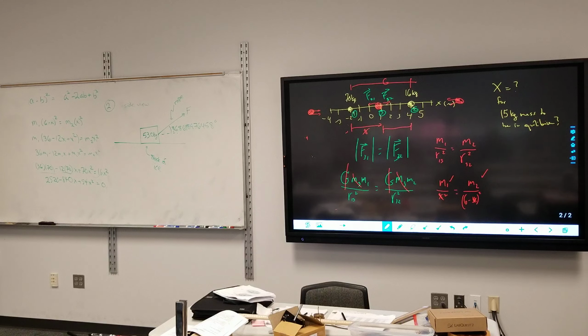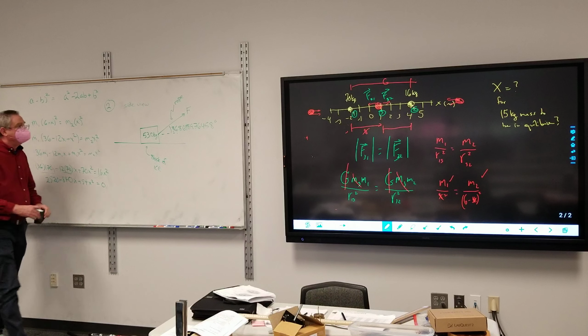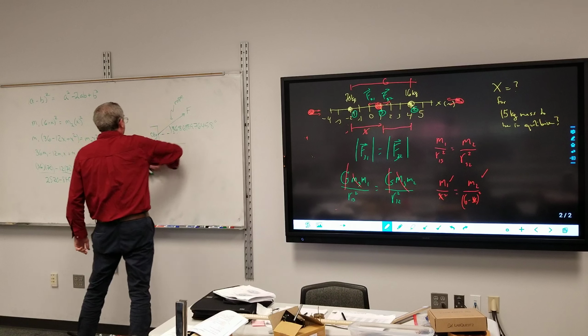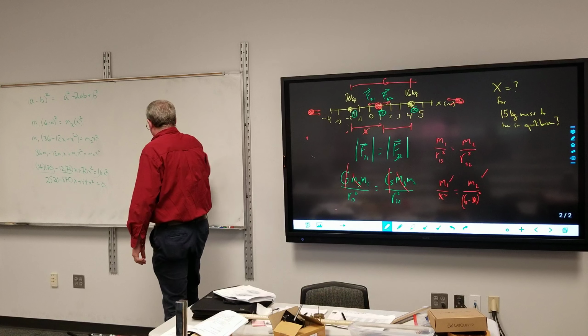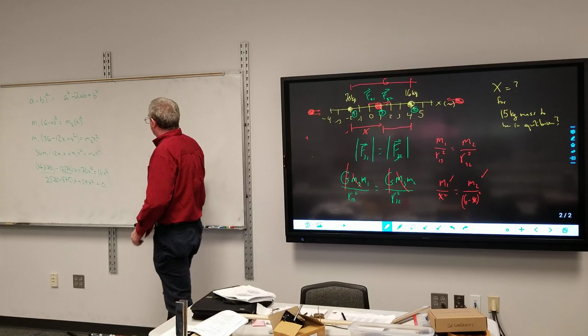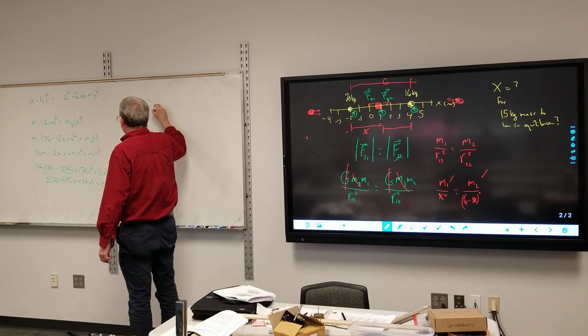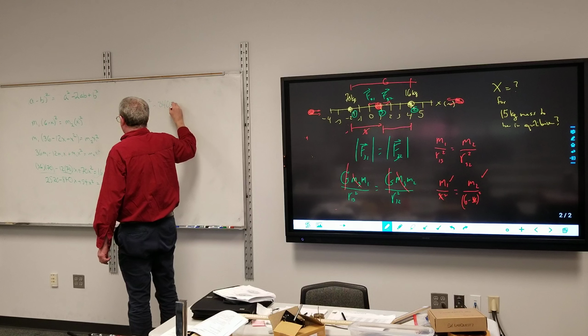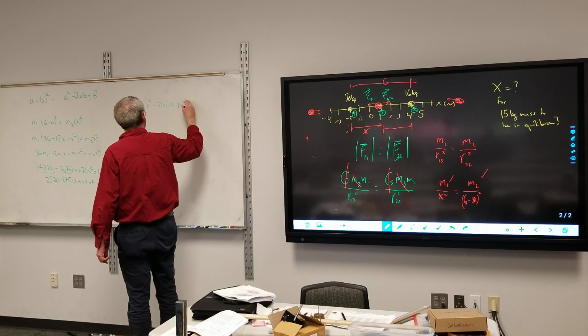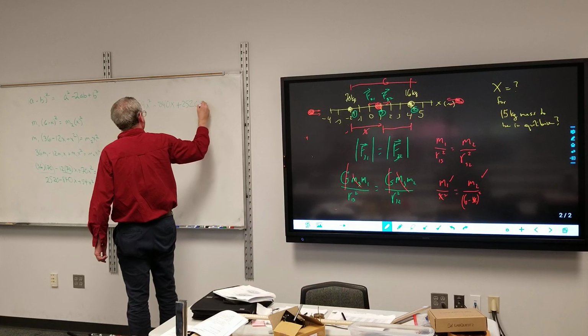We now have a quadratic form, or I guess standard form. Put a more traditional 54x squared minus 840x plus 2520 equals 0.